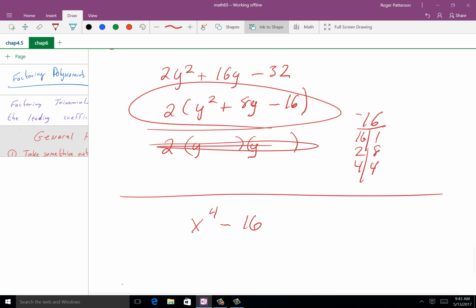Yep. Good call. Okay, so what are we going to factor that down to? x plus 2, x minus 2, and x squared plus 4. Okay, can the x squared plus 4 be factored? Yeah.